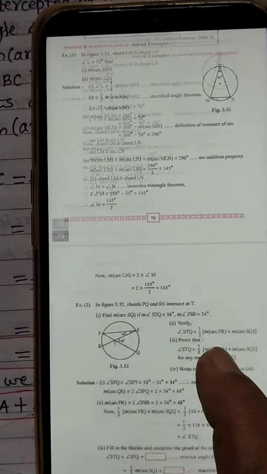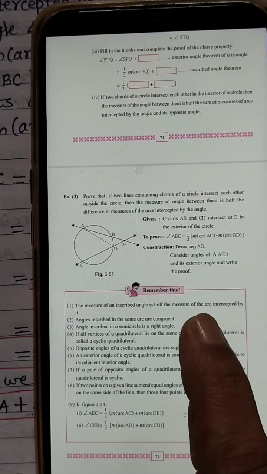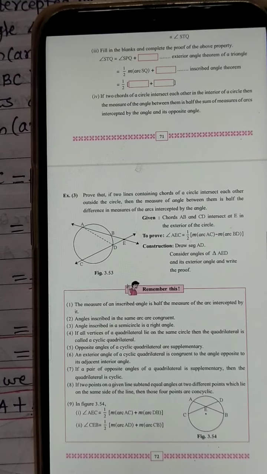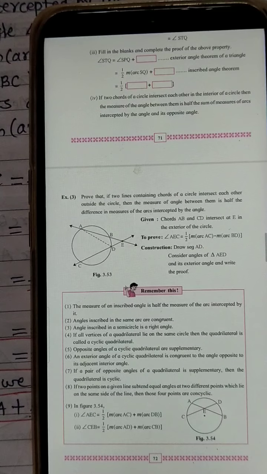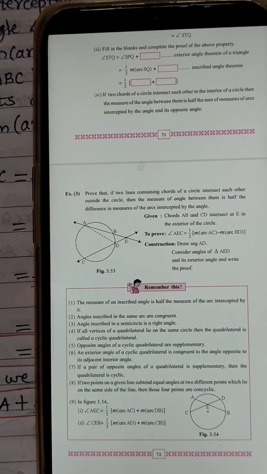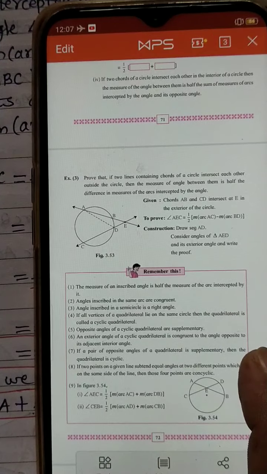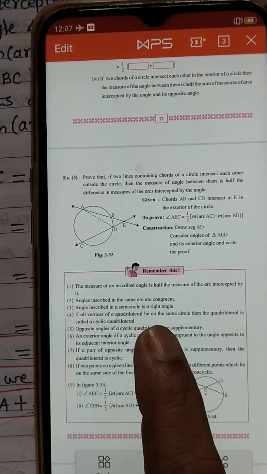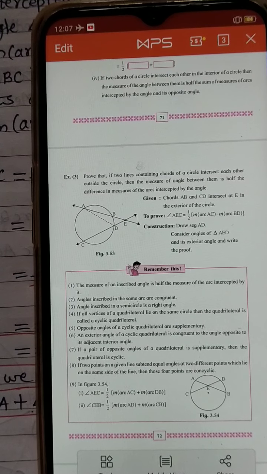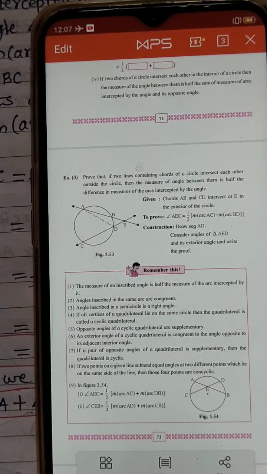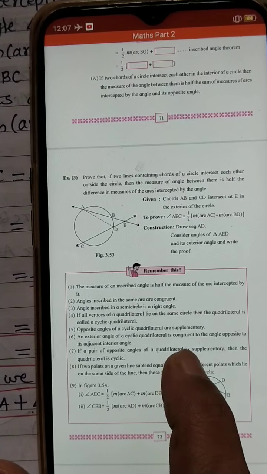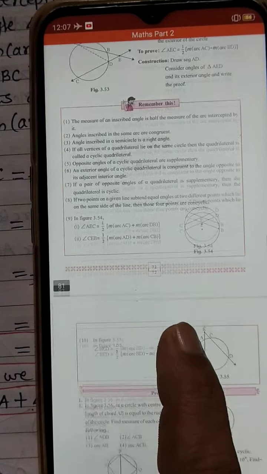Okay, now here the points to remember. Let us see the main points. First one, the measure of an inscribed angle is half the measure of the arc intercepted by it. Second one is angles inscribed in the same arc are congruent to each other. Then number 3, an angle inscribed in a semicircle is a right angle.